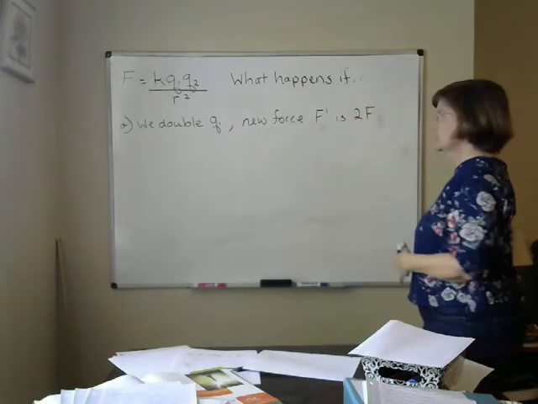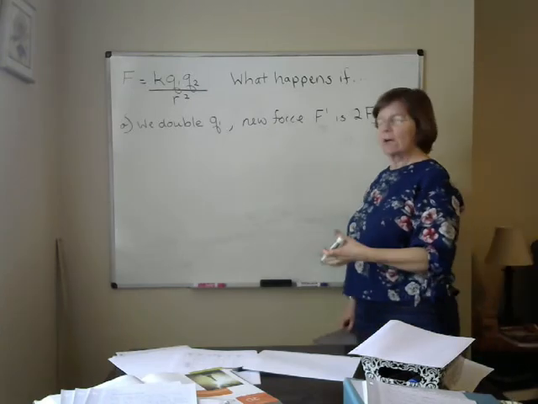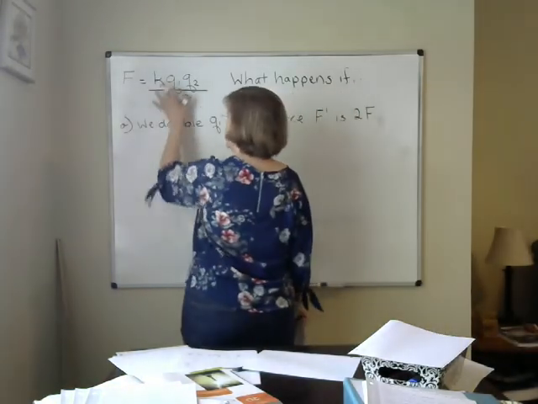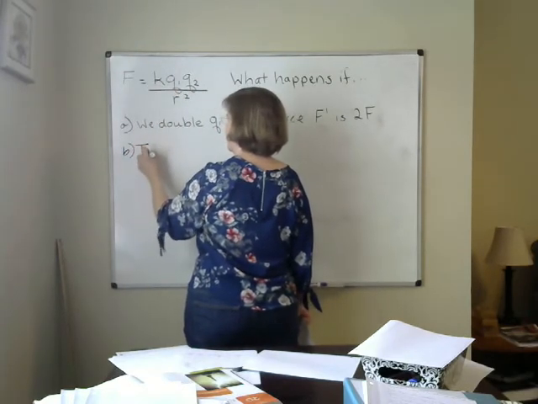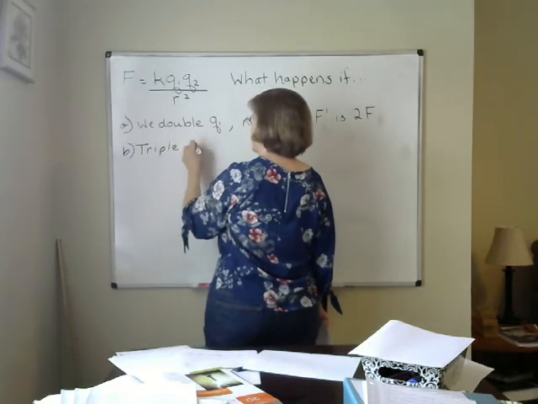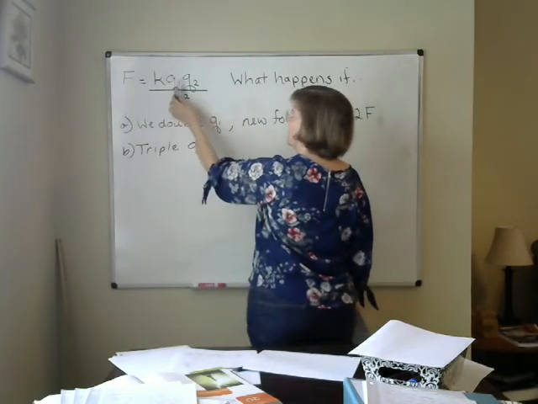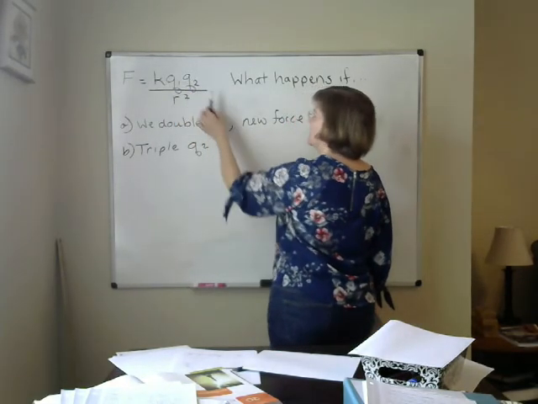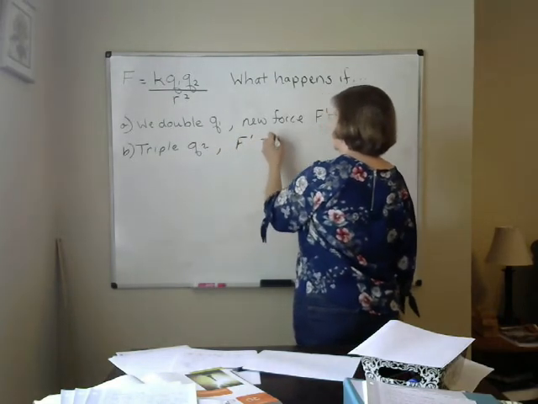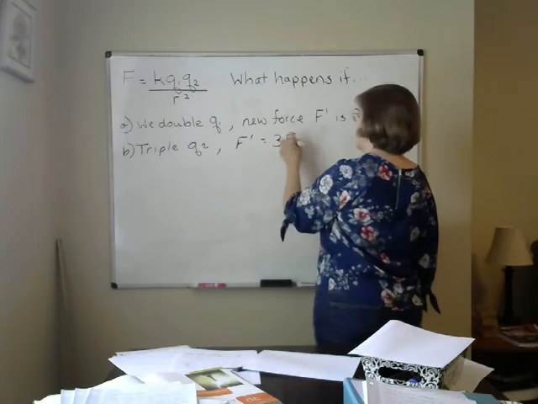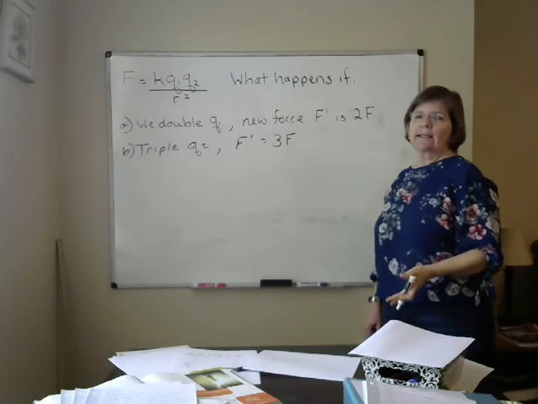I didn't have to double Q1. I could have doubled Q2. I would have had the same result. Let's go back to our original. This time, let's triple Q2. I'm going to leave everything else alone. If all I do is replace Q2 with 3 times Q2, you can see that F prime is now going to equal 3F. So, increasing charges does exactly what you would think it should do.